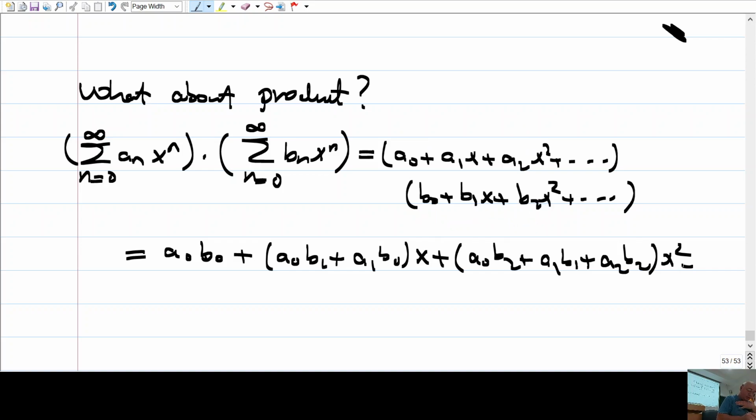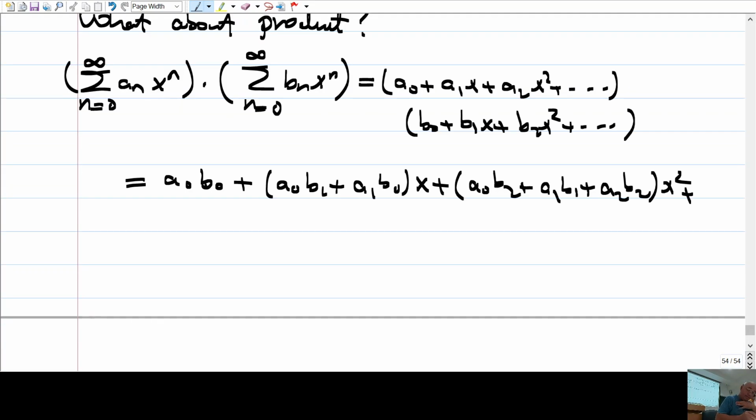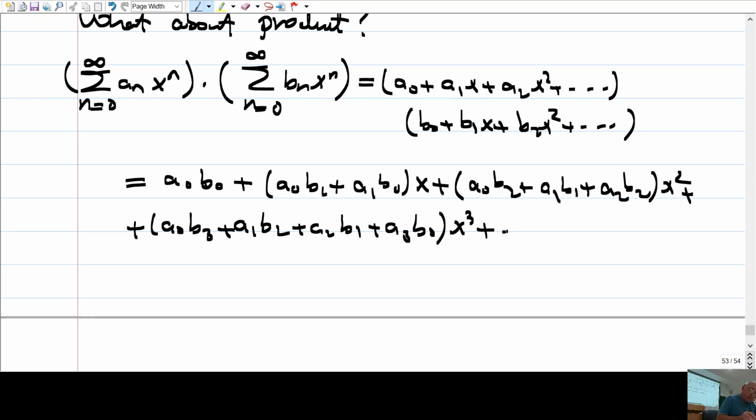And it would continue like this. Let me write a couple more terms. For x cubed, the coefficient would be a0 b3, a1 b2, a2 b1, and a3 b0, times x cubed. So you see, for the coefficient of x to the power 1, you just multiply ai's and bj's so that the indices add up to the power of x.